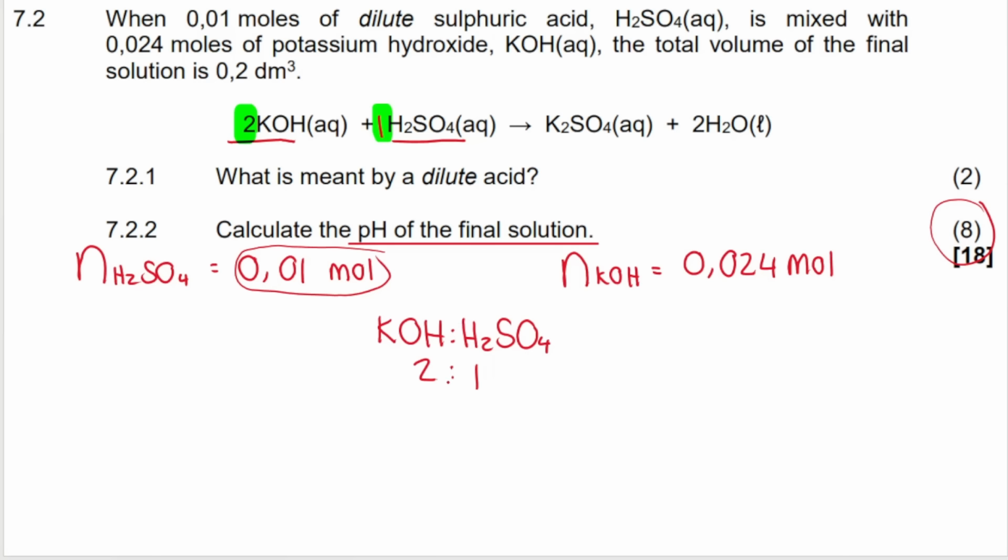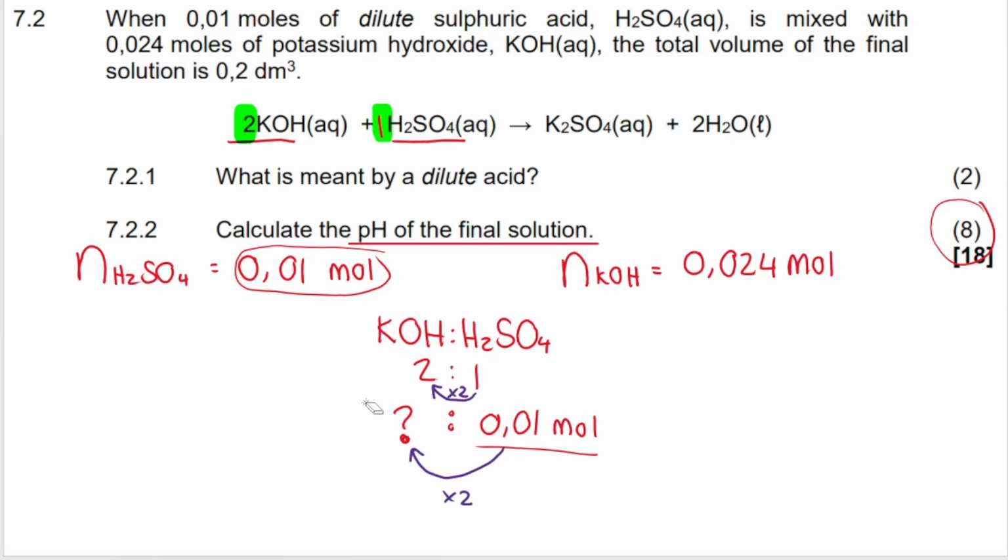So I'm taking the mole ratio and saying, if I want to use up all of the acid, so 0.01 moles, how much base would I react? To figure out how much of the other one would react, I put it in a mole ratio. I think this is a very simple ratio. How do you get from 1 to 2? You multiply by 2, so you would multiply this by 2.